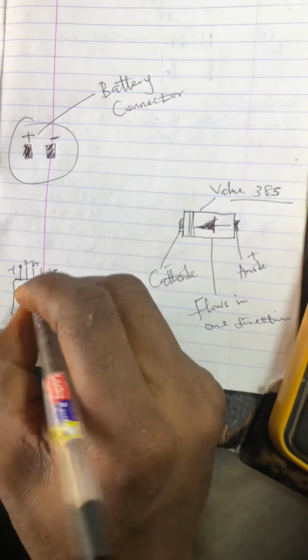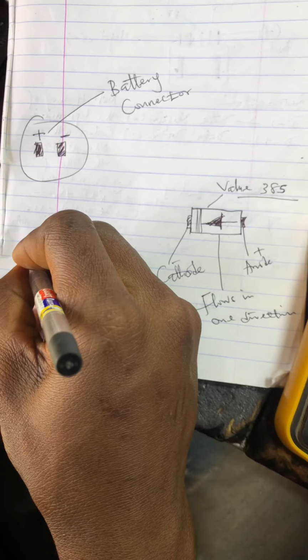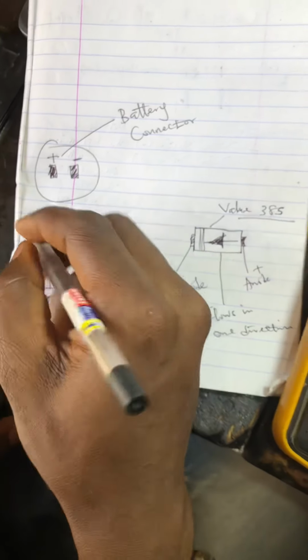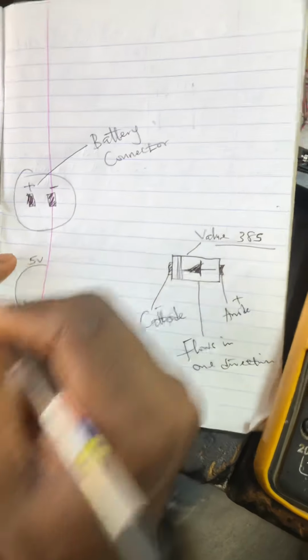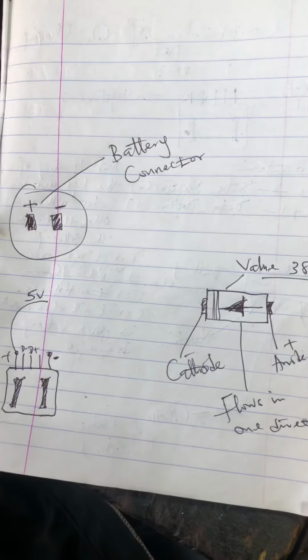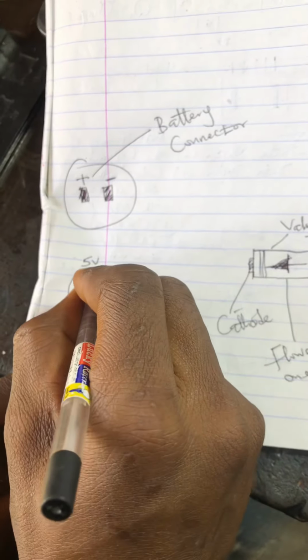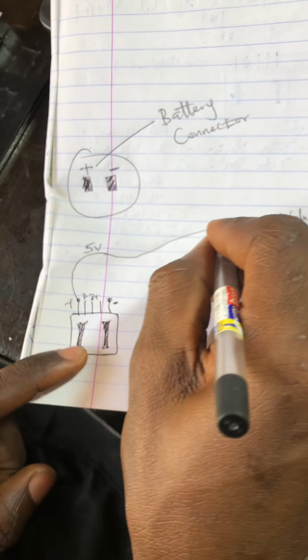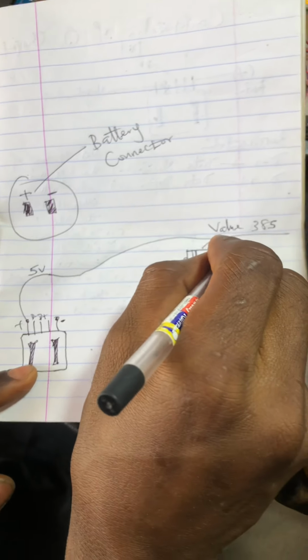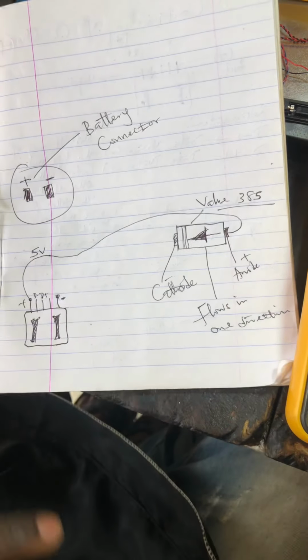We have the positive and negative side. Then we have data plus, and we have data minus. The data minus is always close to the positive side of the charging port, and the positive side of the charging port carries 5 volts. If you plug in your charger, it carries 5 volts.